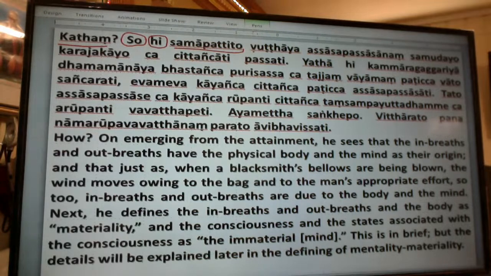Utthaya. The literal translation of utthaya is standing, but imagine it in the process of the attainment, samapatti.